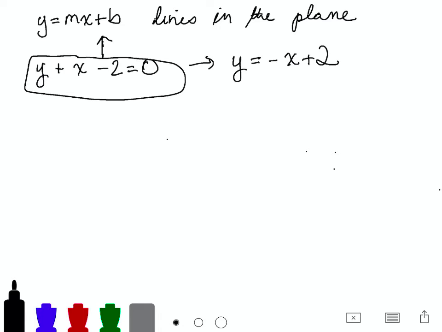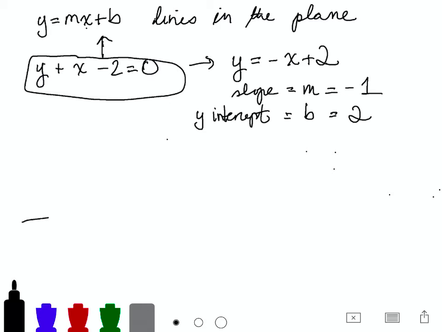So in this case, the slope m equals negative 1, and b is actually the y-intercept, because when x equals 0, you always get b. So this is the y-intercept equals 2 in this case.